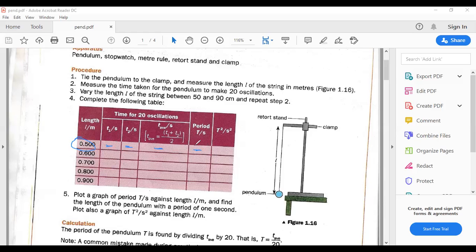And whatever answer we are getting in this column, we will take the square of it and write the answer over here. Again, we will change our length and repeat the experiment up till, let's say, 0.9 meters. So we start from 0.5 meters up till 0.9 meters. Is it clear, everybody?